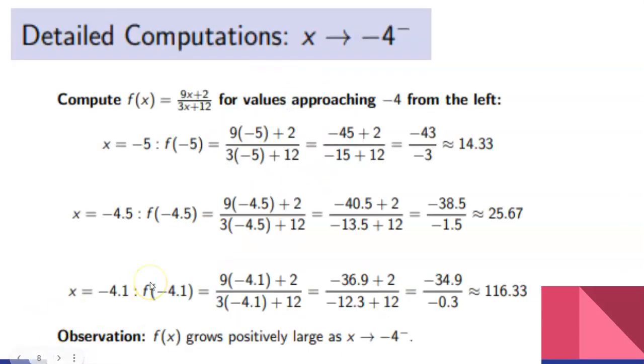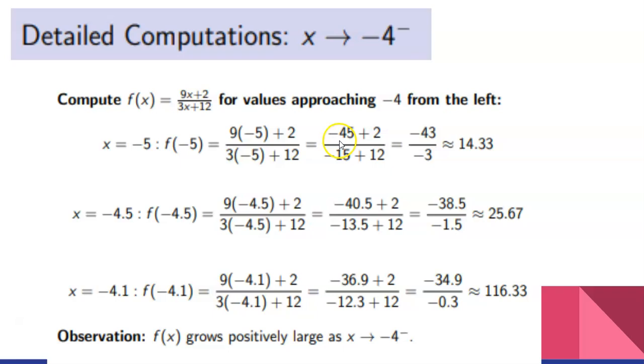Here's a look at some of the data computations used when completing the table of values. We simply perform direct substitution. For example, if x is equal to -5, then f of -5 is equal to 9 times -5 plus 2, all over 3 times -5 plus 12.